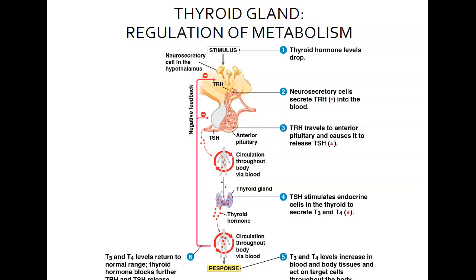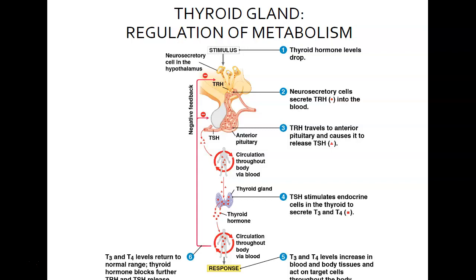Another example pathway here is the thyroid gland. So the thyroid regulates metabolism. In this case, in step 1, there's some kind of lowering of thyroid hormone levels, and you receive the signal that it has dropped.